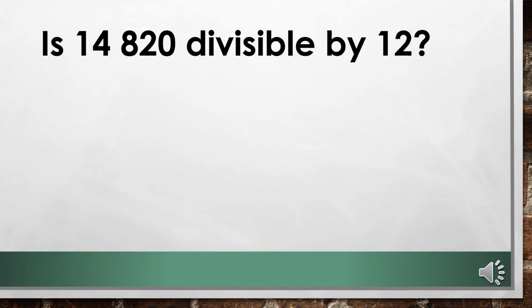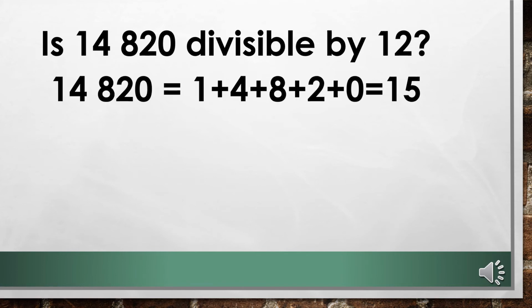Let us determine if 14,820 is divisible by 12. First, let's see if it satisfies the rule of divisible by 3. Let's get the sum of its digits. 1 plus 4 plus 8 plus 2 plus 0 equals 15. Therefore, this number is divisible by 3.